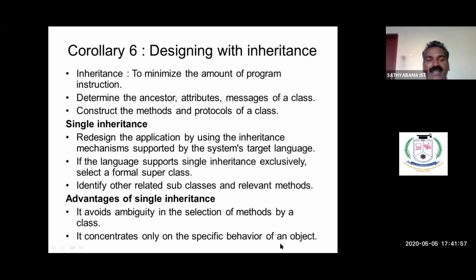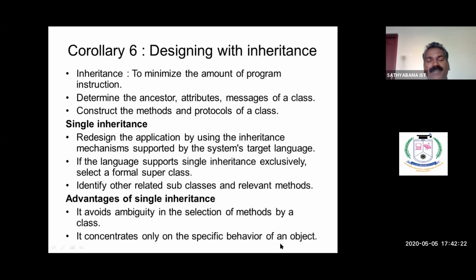The sixth corollary is designing with inheritance. Inheritance is an important property of object-oriented design, so we have to use the superclass and subclass relationship. Normally, single inheritance is the best way to represent object-oriented design, because the parent class methods and attributes can be used by the child class.